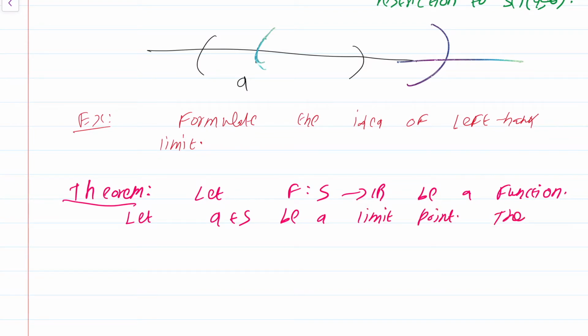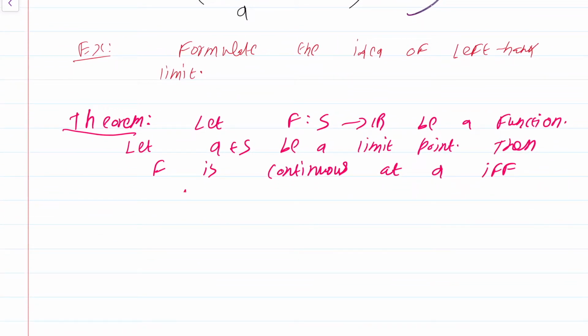Then f is continuous at A if and only if the limit x going to A plus of f of x is equal to the limit x going to A minus of f of x, is equal to f of A.